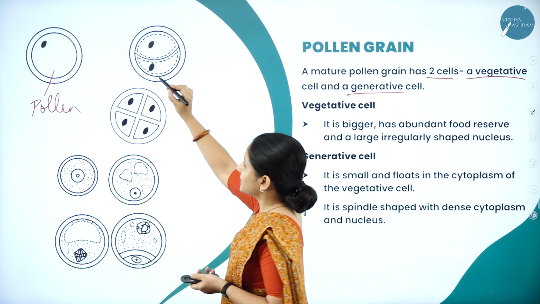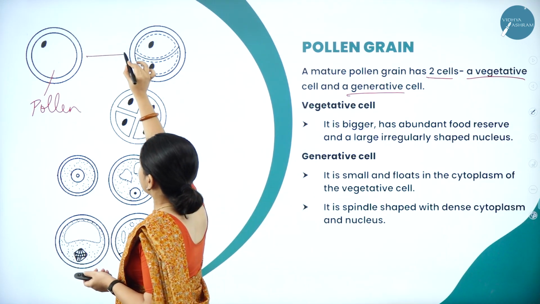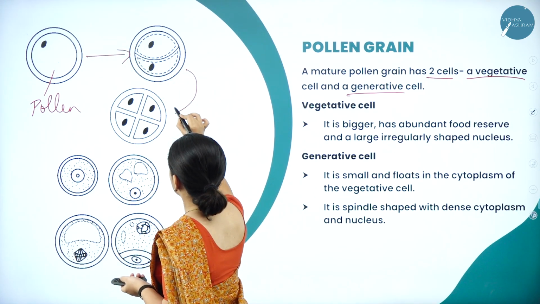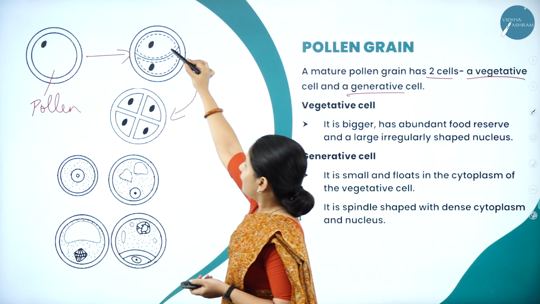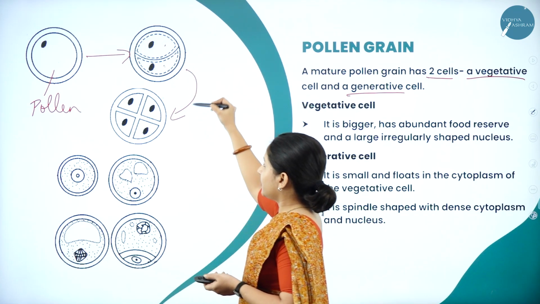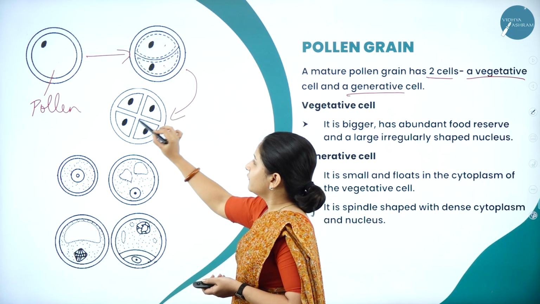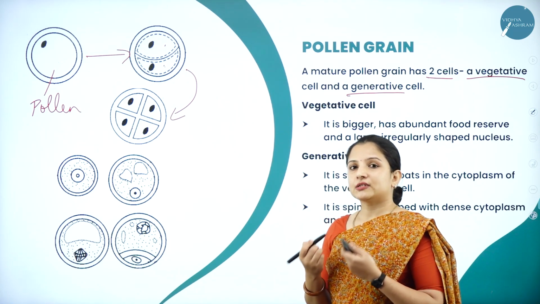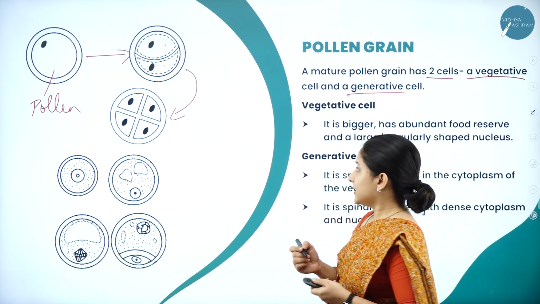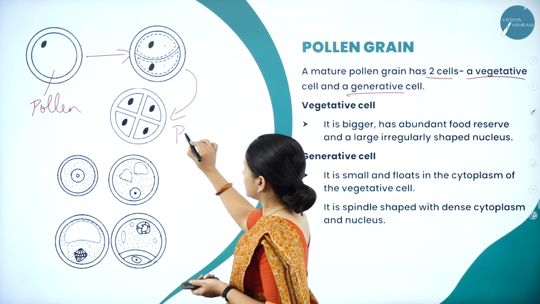In this diagram, you can see a pollen grain. Pollen grains undergo mitotic division to produce pollen tetrads. They undergo the first mitotic division and form two cells. In the second mitotic division, they form four cells.